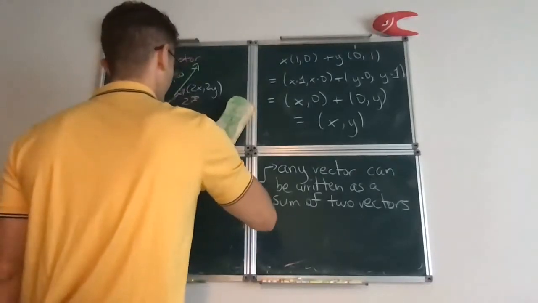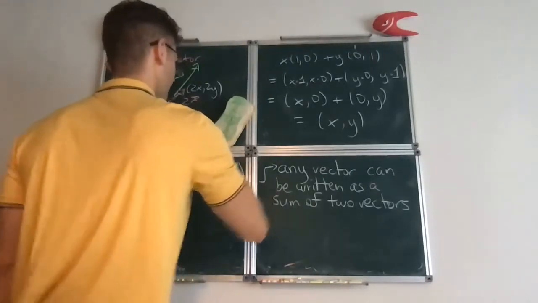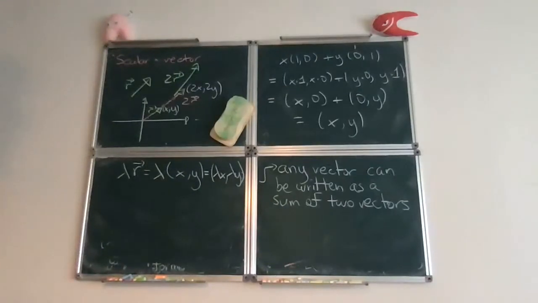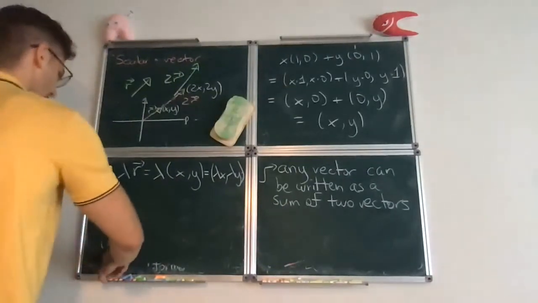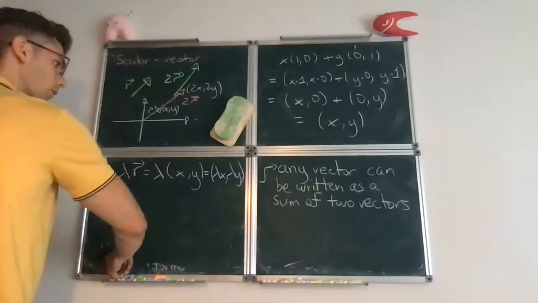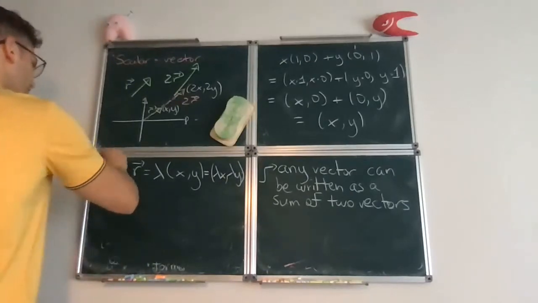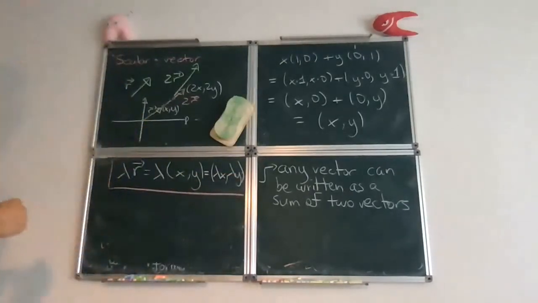So it's lambda x, lambda y. This is the way to do multiplication of a scalar with a vector if you use coordinates.